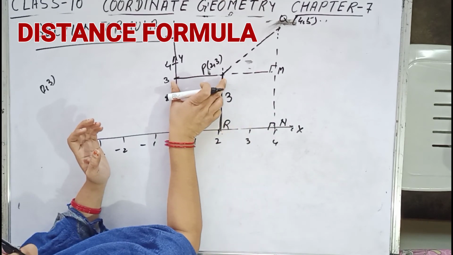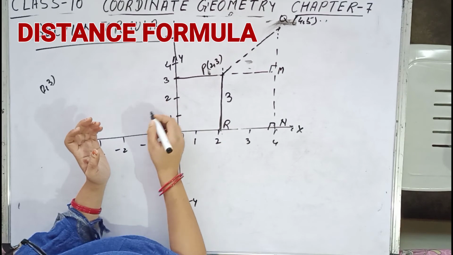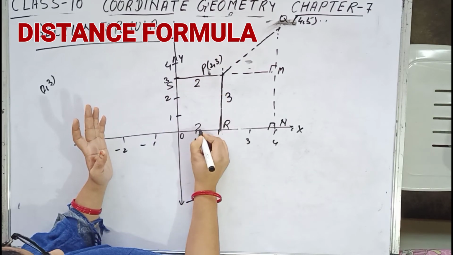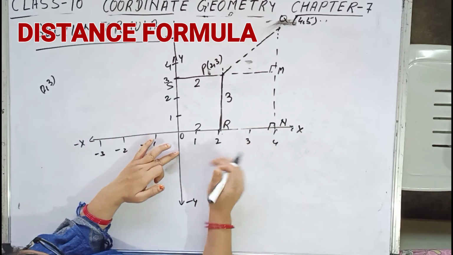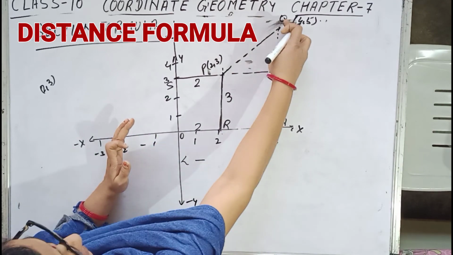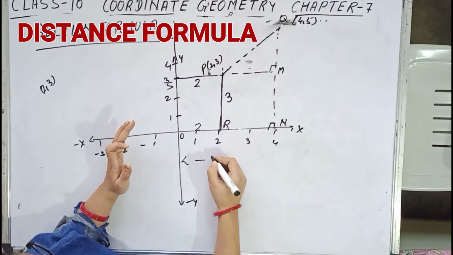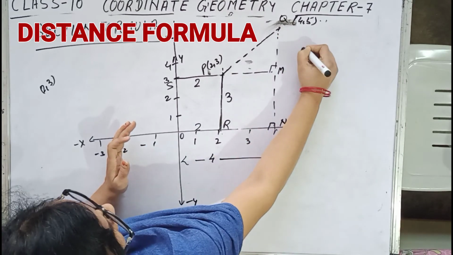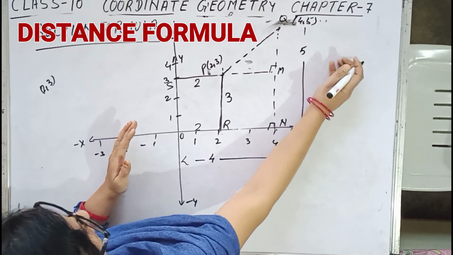And what is SP? Then you will say 2. What is this distance ON? ON is the x coordinate of the point Q, that is 4 units. Now what is QN? QN is 5 units. All are in units.